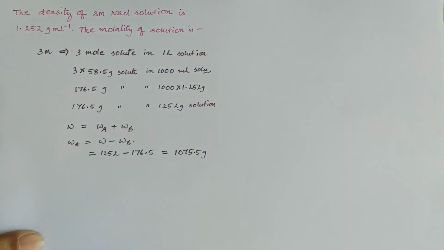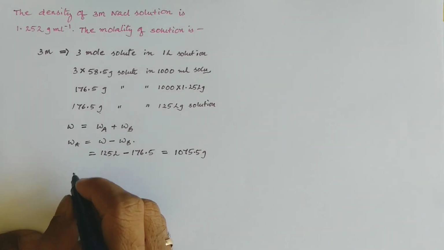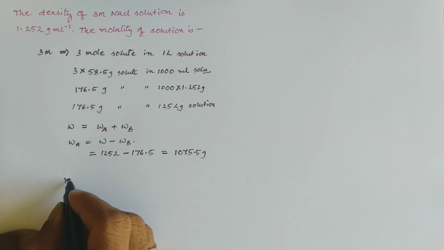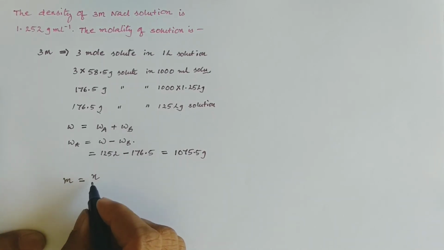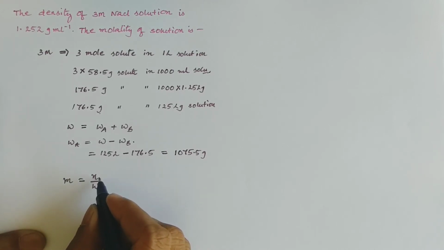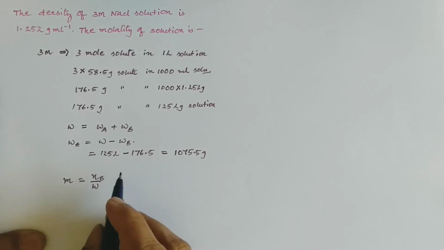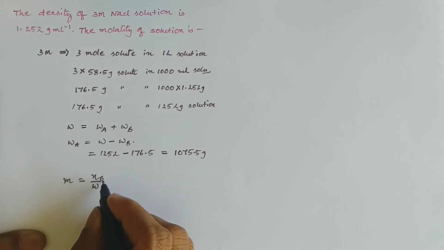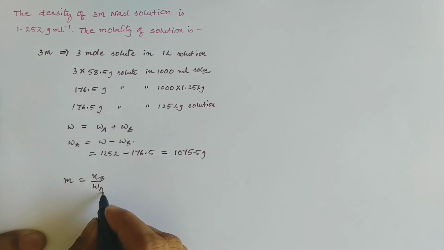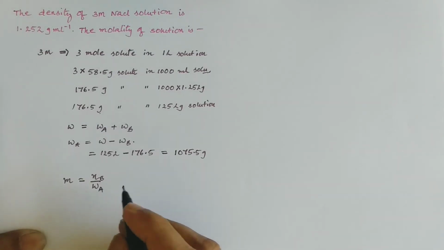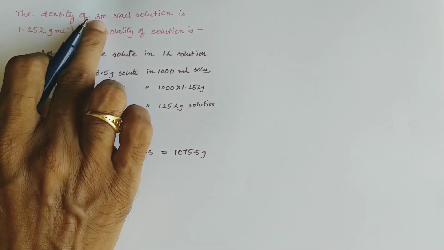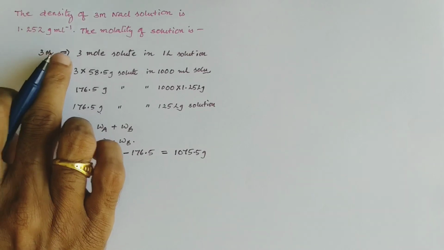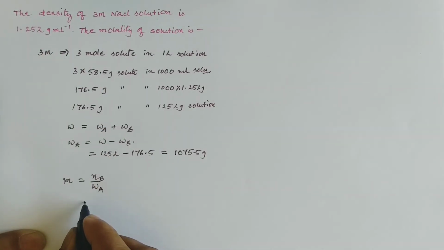Now we have to calculate molality. Molality is equal to number of moles of solute divided by mass of solvent in kg. In 1 liter, 3 moles are present, since 3 molar solution means 3 mole of solute present.